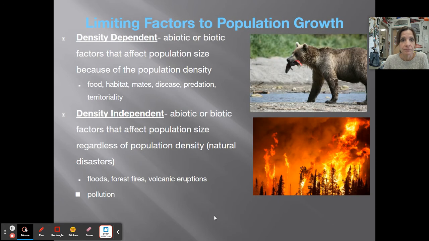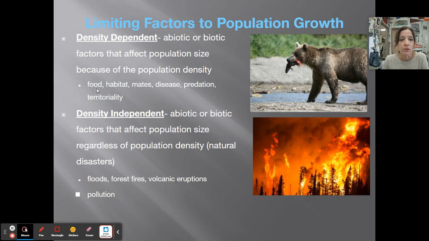Okay, so some factors limit population growth, right? Populations don't just grow exponentially forever because there are limiting factors. So there are 2 types. One is density dependent, and those can be abiotic or non-living, or biotic, and they're factors that affect population size because of density.